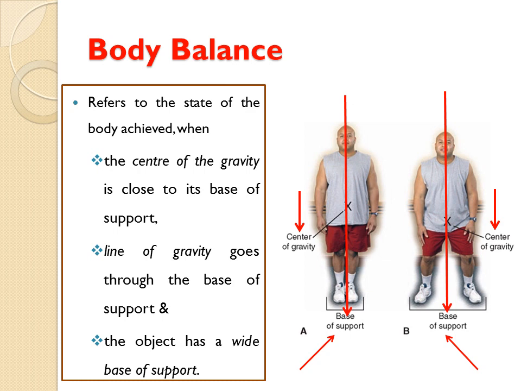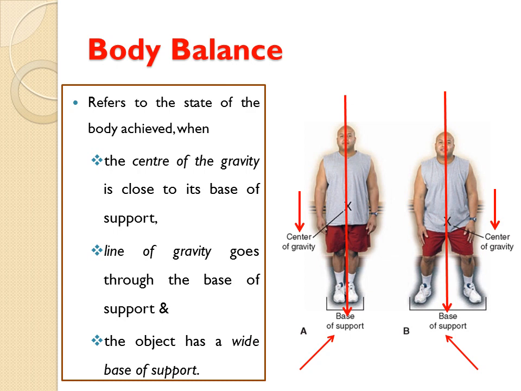Also in posture B, the center of gravity is closer to the base of support compared to picture A. So these are the things you can maintain to have body balance.